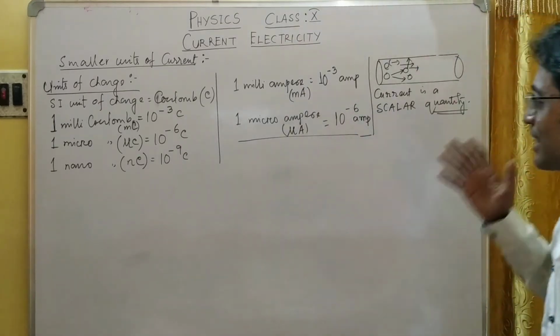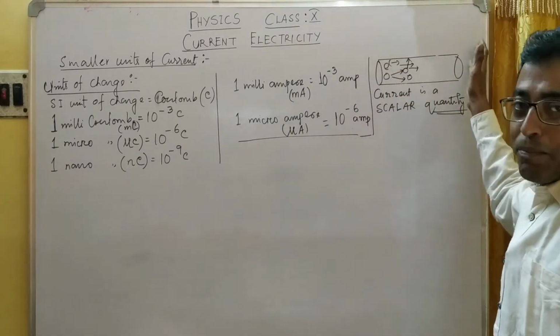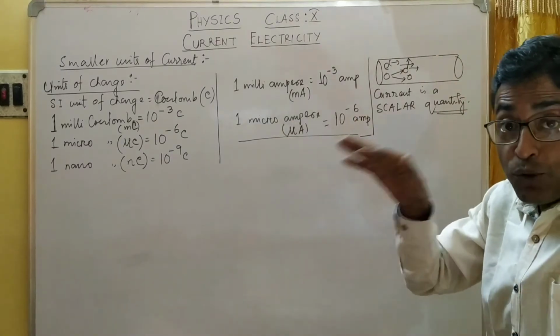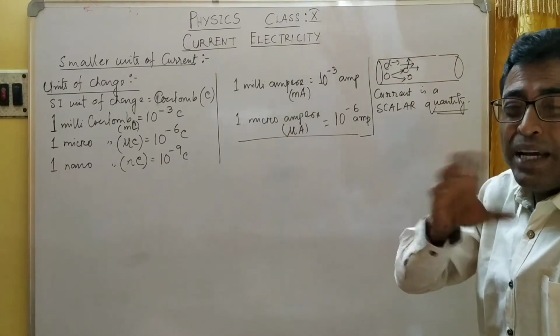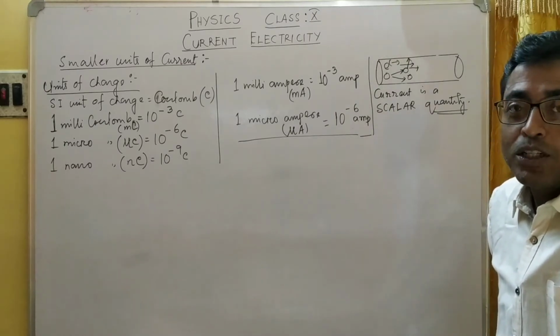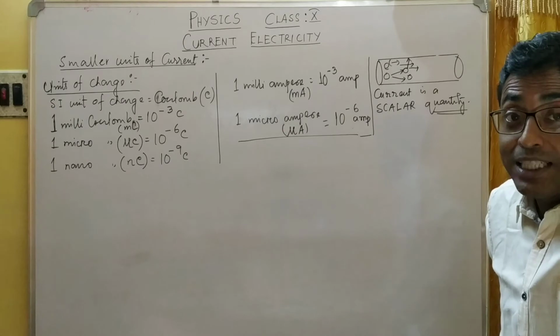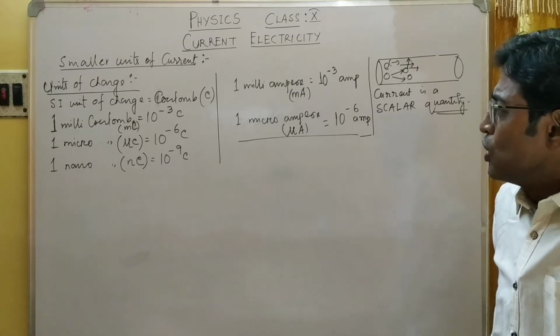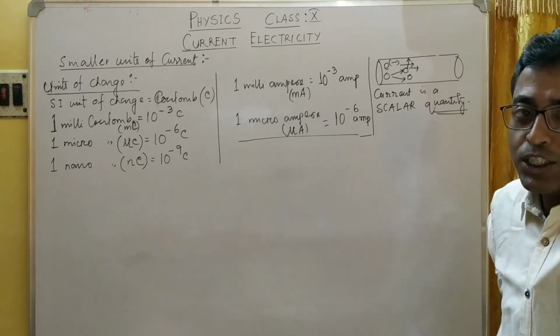We say electrons are moving from here to here, but during this journey many collisions happen, and in class 12 we will learn relaxation time and average velocity of free electrons.